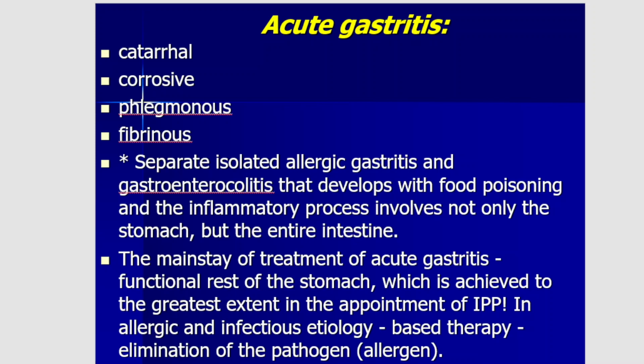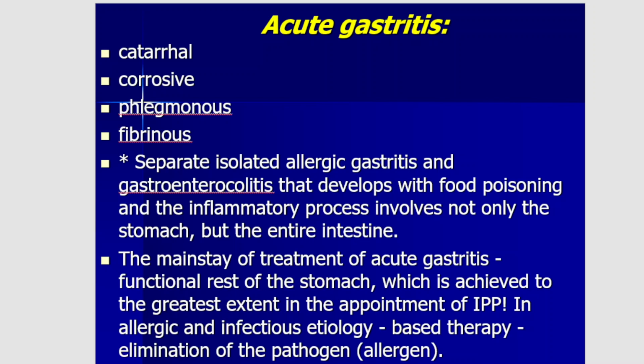Acute gastritis, variants: catarrhal, corrosive, phlegmonous, fibrinous. Separate isolated allergic gastritis and gastroenterocolitis develop with food poisoning, and the inflammatory process involves not only the stomach but the intestine.